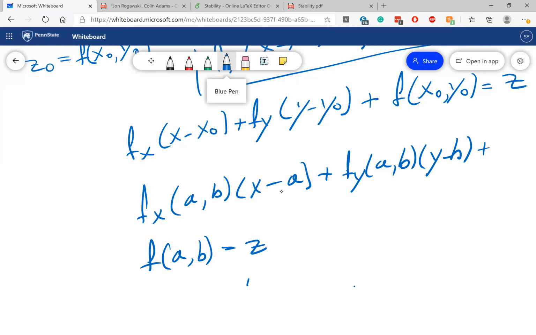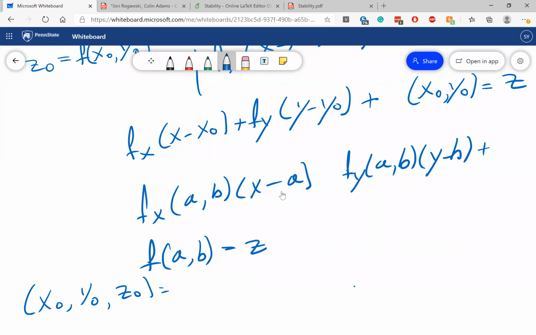Yeah, Professor, I don't know why that's equivalent to each other. Like from x minus x0, you get it into a, b times x minus a. Oh, so it's just, take x0, y0, and z0 to be equal to, and just x0 right now would just be a.